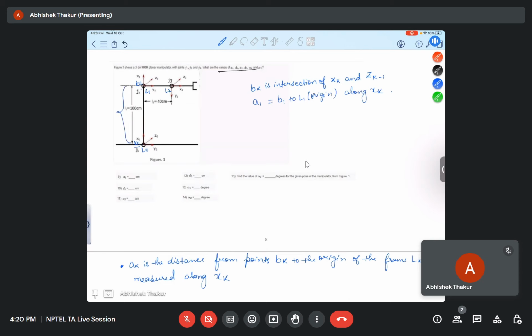So this is our A1. A1 is equal to 100 minus 0, so this term will become 100. Okay. A2 is again B2 to the origin of L2 along X2. So B2 and L2.